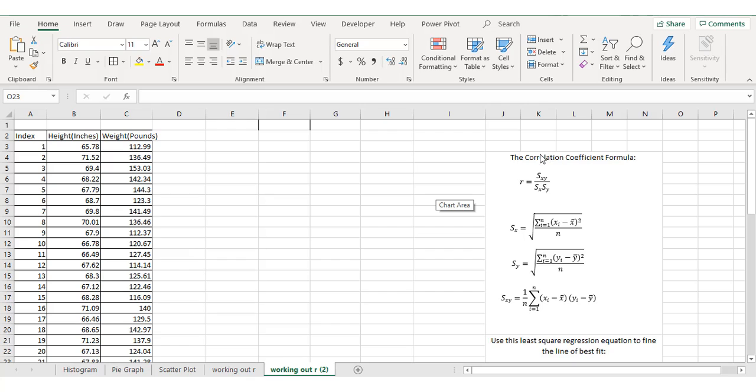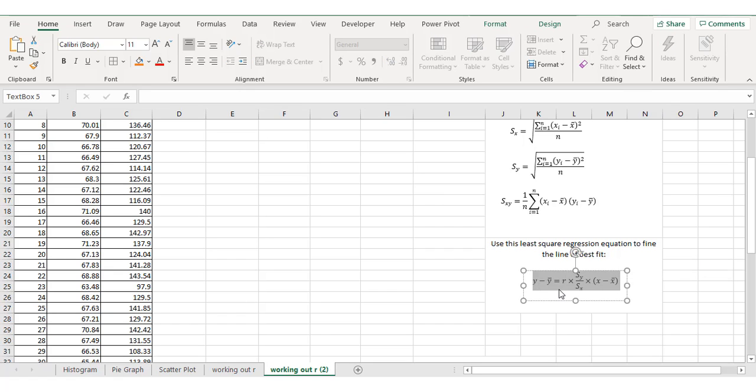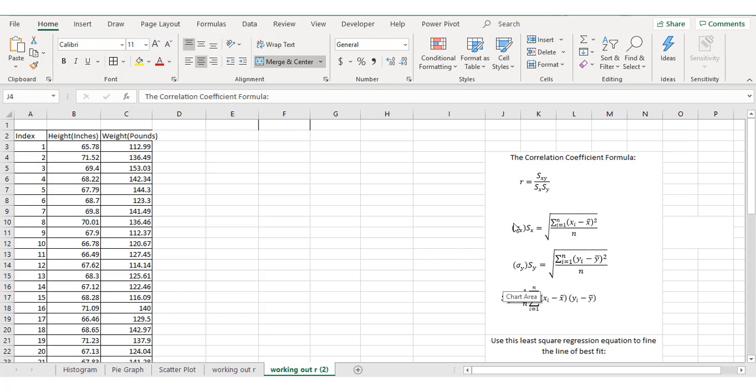This time we've got to use this formula for correlation coefficient to figure out this R. And also we can use this formula to figure out the linear regression line. Basically, we call this a population standard deviation.